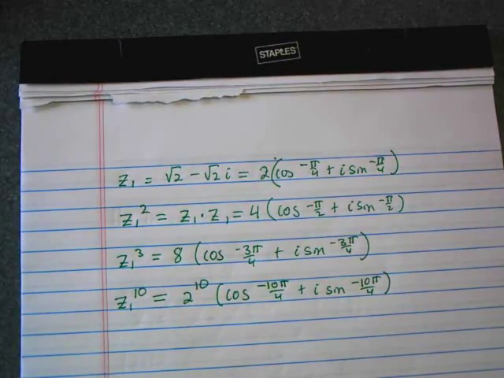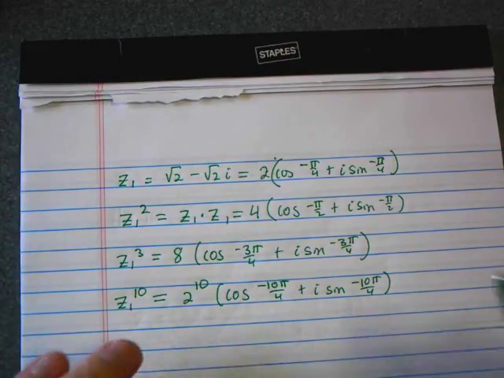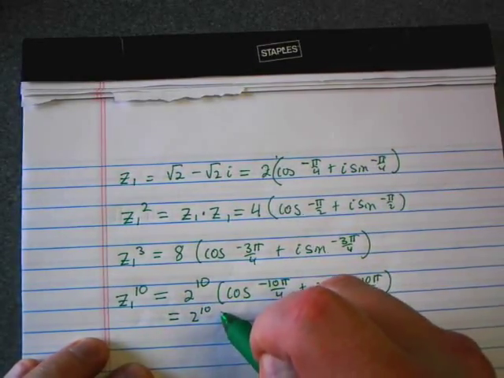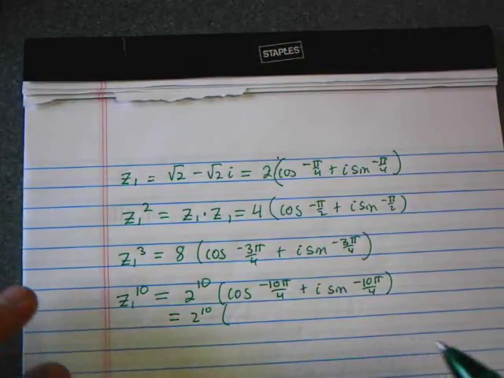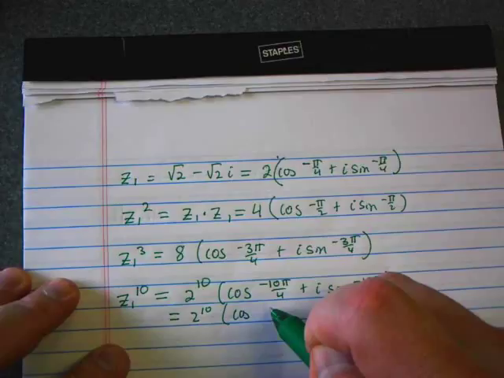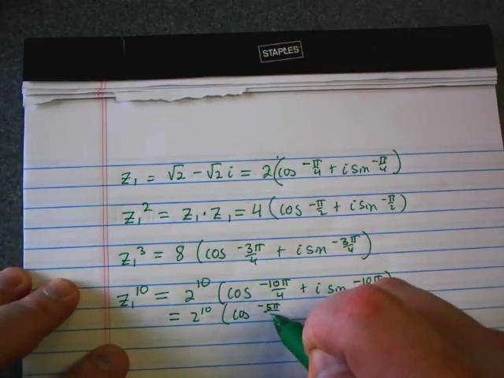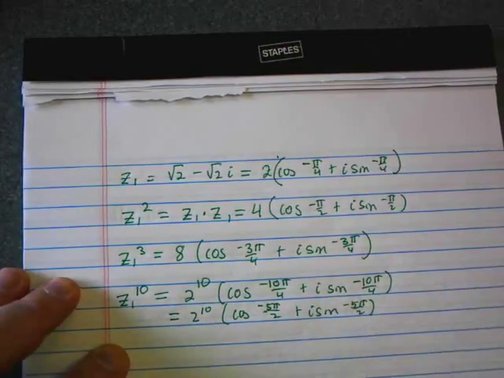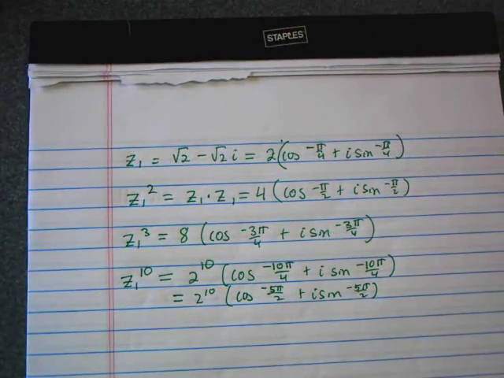Of course I could reduce that, but I wanted to write it as negative 10 pi over 4 to emphasize where I was getting it. So 2 to the 10th, which I could type into my calculator, I suppose, was 1024. Cosine of negative 5 pi over 2 plus i sine negative 5 pi over 2. In other words, doing exponents in polar form is very, very easy.